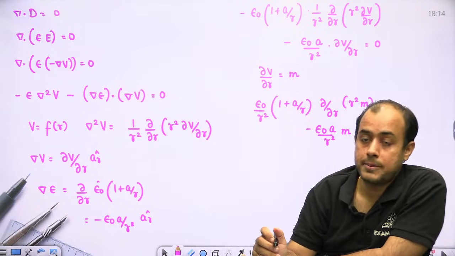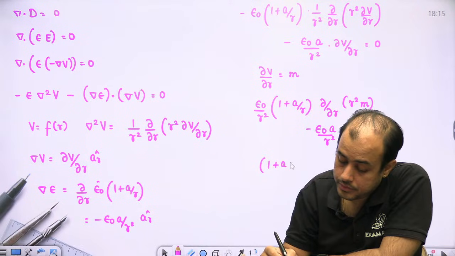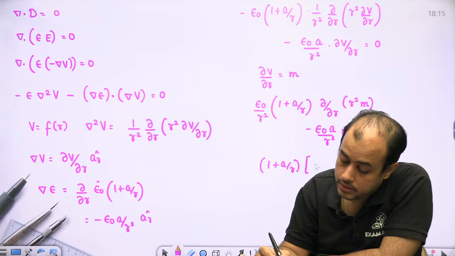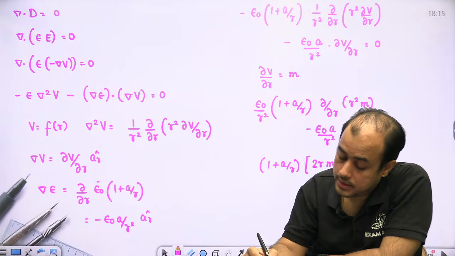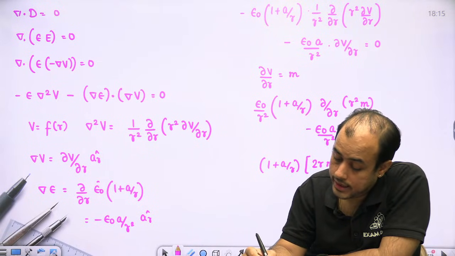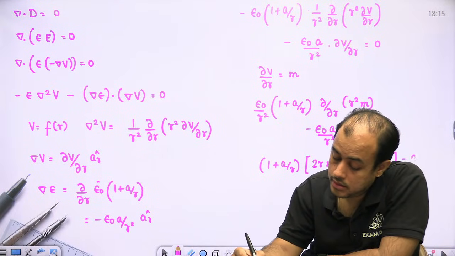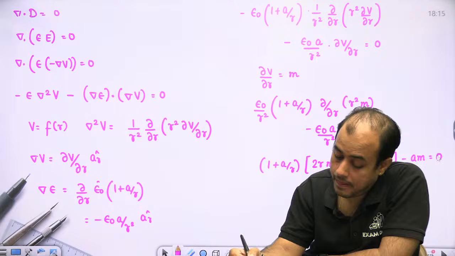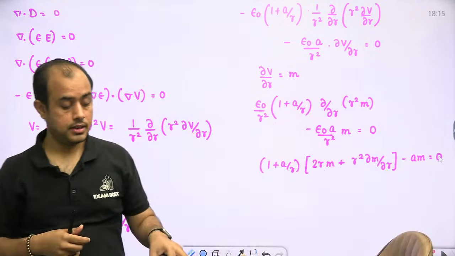Okay. So epsilon naught by R square I can take common. 2R M plus R square del M by del R minus A. ठीक है, एप्सिलॉन नॉट बाय आर स्क्वायर मैंने हटा दिया.